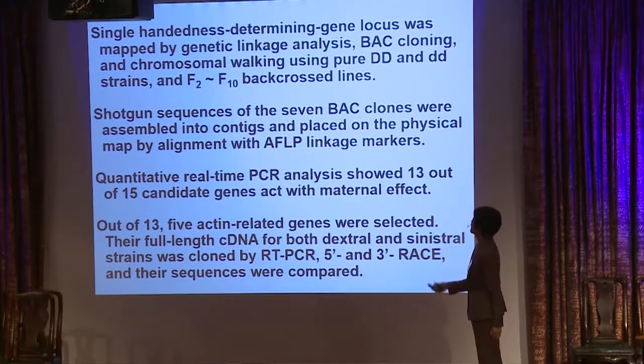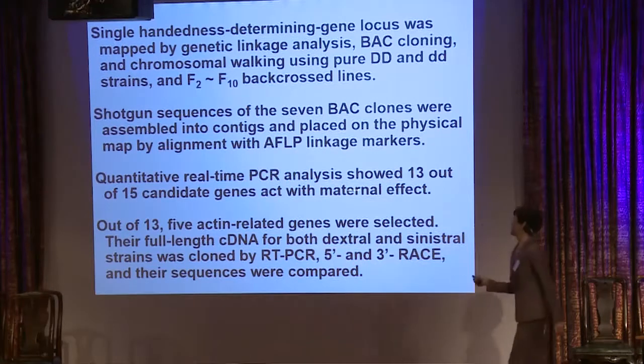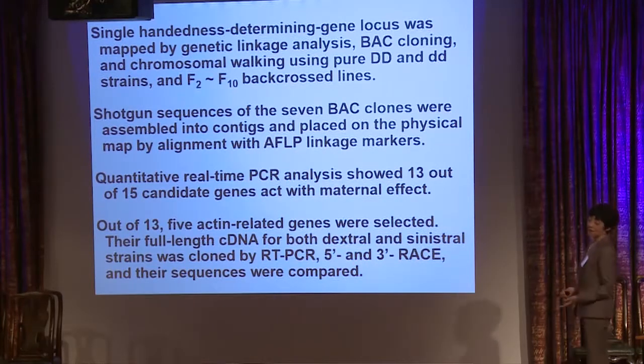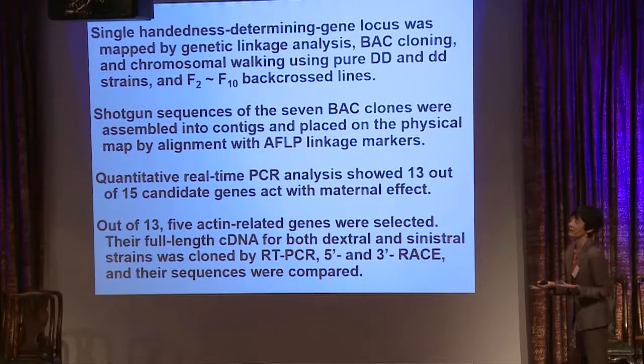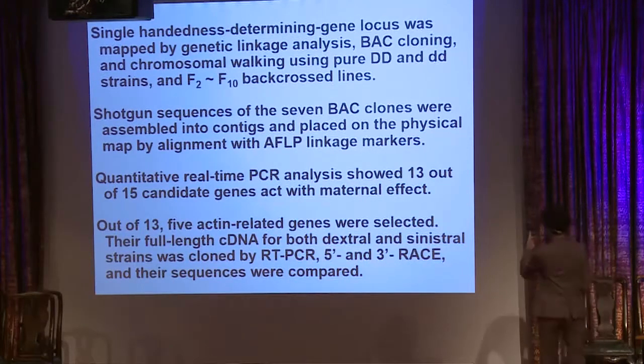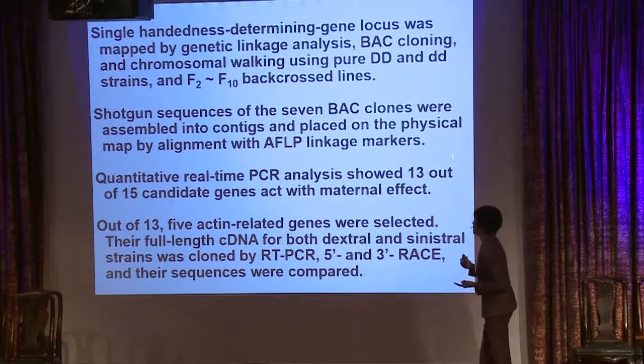Then quantitative real-time PCR analysis. We did it, and in the search we found about 15 genes. Then we checked the maternal ones, because I know it has to be a maternal one. So we identified 13 maternal genes.